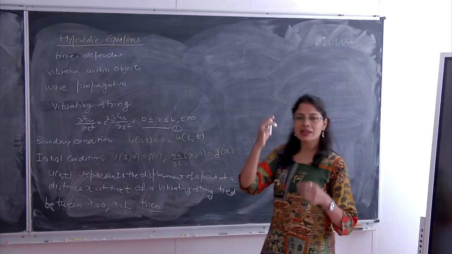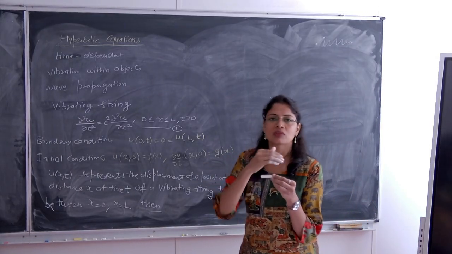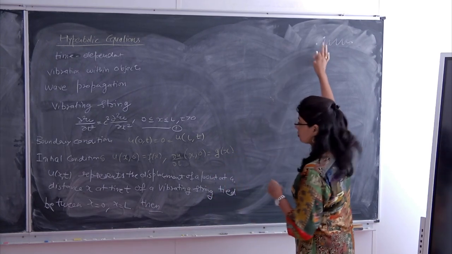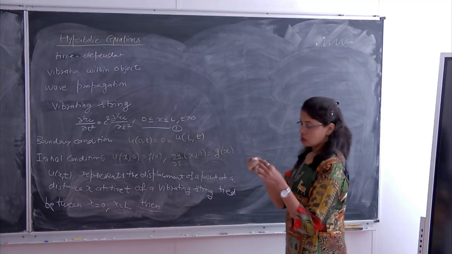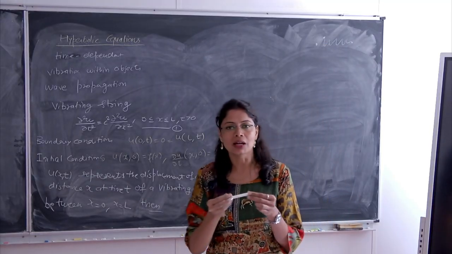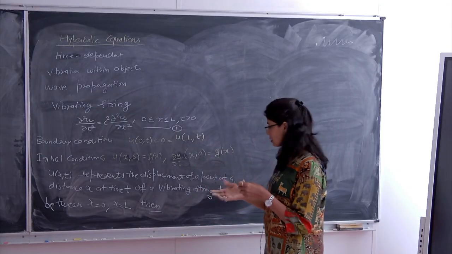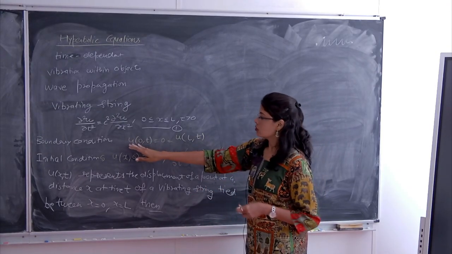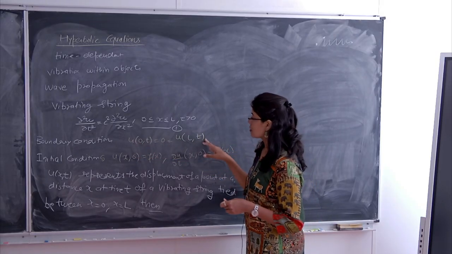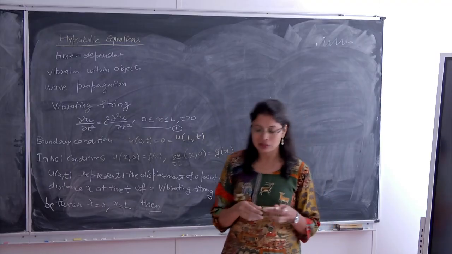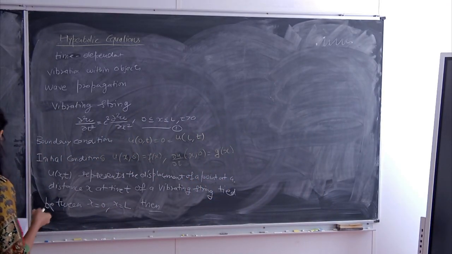So, the string is vibrating, and what is the displacement of the actual string at a point? That is given here by u. But your string is tied at the ends. So, whenever the string is vibrating, there is no displacement at the end points. That is why this indicates our boundary condition, u(0,t) is 0 and u(L,t) is 0, because the string is tied at the end points. So, this indicates no displacement.